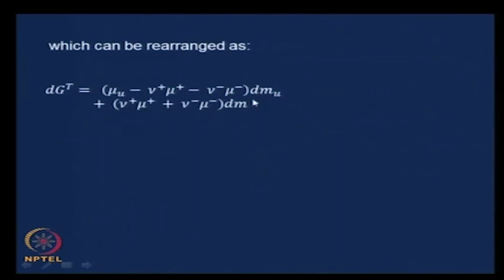The second term I have collected in terms of dn: nu plus mu plus plus nu minus mu minus, dn, plus mu 0 dn0, equation 6.55.